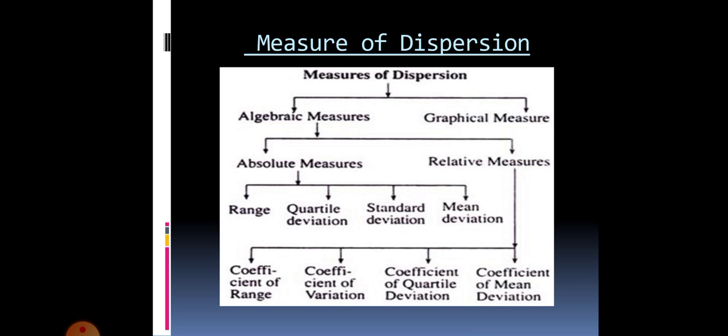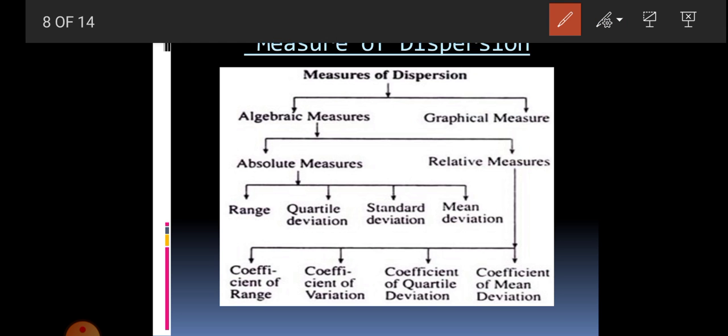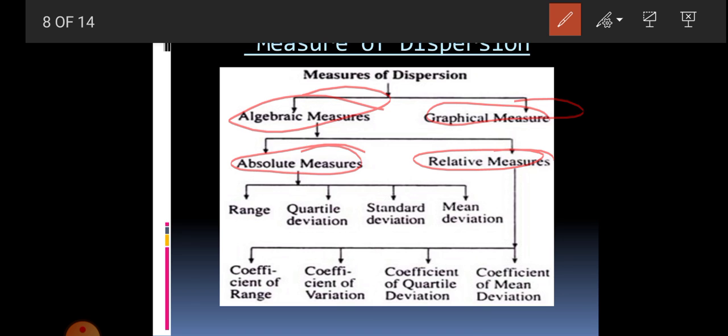Similarly, measure of dispersion. In measure of dispersion there are two kinds of measures. One is algebraic measure, another one is graphical measure. In algebraic measure, it is also divided into absolute measure and relative measure. In absolute measure we find range, quartile deviation, standard deviation and mean deviation.